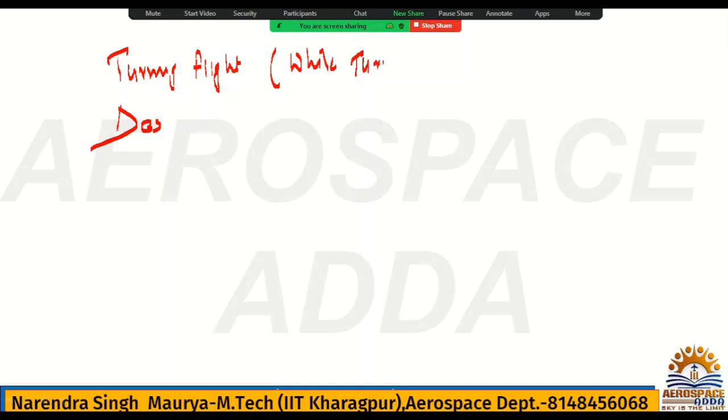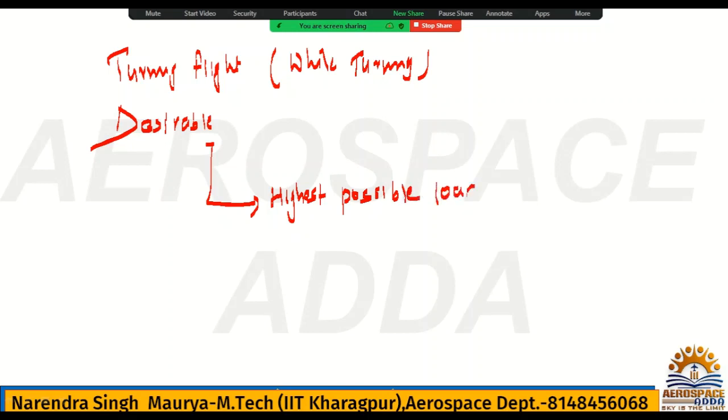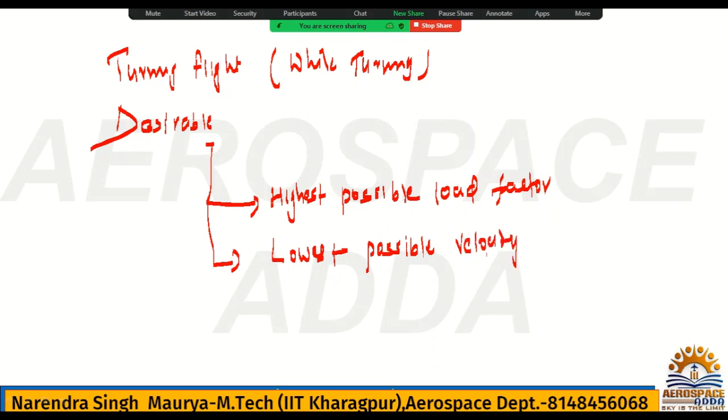While turning, what is the desirable? Desirable is what? Two: highest possible load factor and lowest possible velocity.